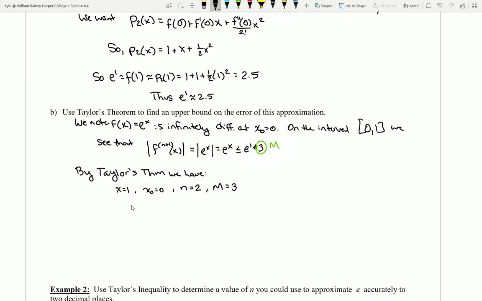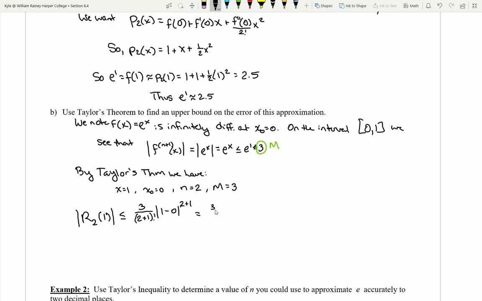Okay, so I can now say, by Taylor's theorem, I know that R2 of 1, the remainder with the degree 2 polynomial at x coordinate 1, is definitely going to be less than or equal to my value of M over (n plus 1) factorial, multiplied by the absolute value of x minus my x naught, to the power of n plus 1.